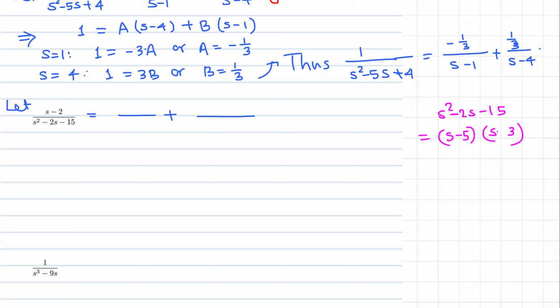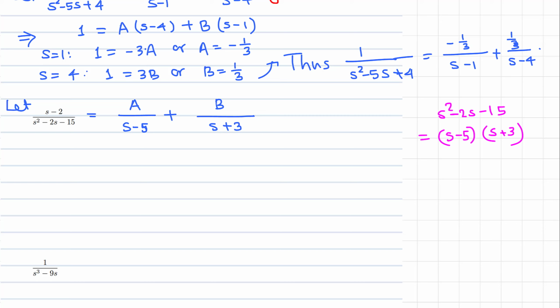To get negative here, positive there. Okay, double check this one. So this one is s minus 5, and s minus 3. This is degree 1, so we just write a constant, and a constant. This is our assumption.